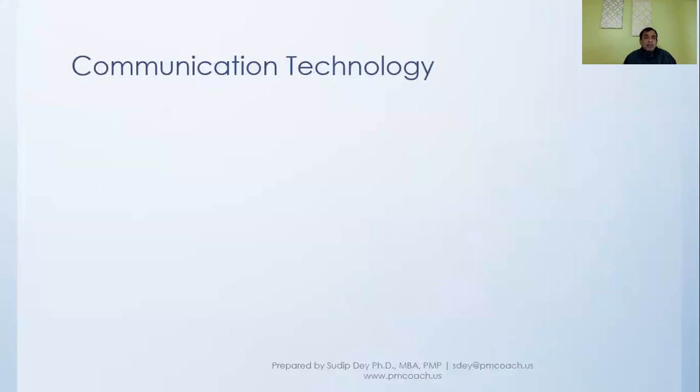For example, if it is a virtual team, then communication will be really key because there has to be an open line of communication all the time. And even for the co-located model, we need to have good communication, but the necessity is not as great, or not to the same extent as for the virtual team.